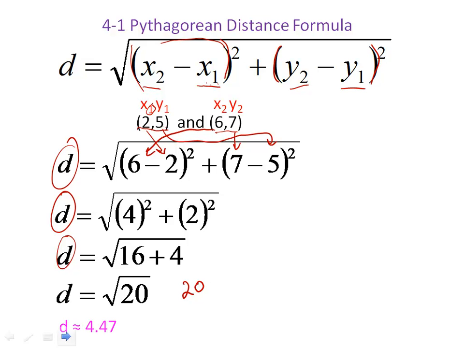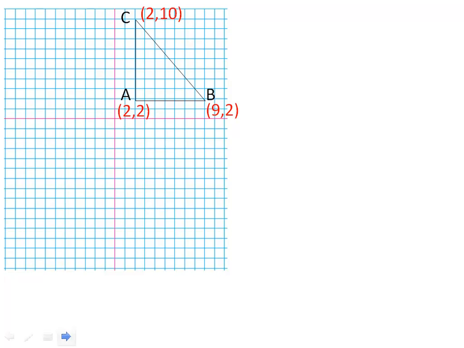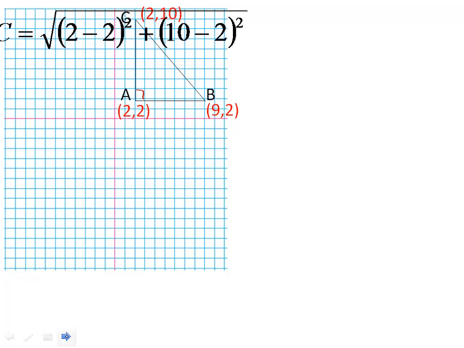Here you notice we didn't see anything graphed at all. But you might be interested in seeing that, and they have a presentation of this in the book, in the lesson. Here's a right triangle in the graph, and it is in quadrant 1 of the graph. And the ordered pairs that identify the vertices of the triangle have been identified.